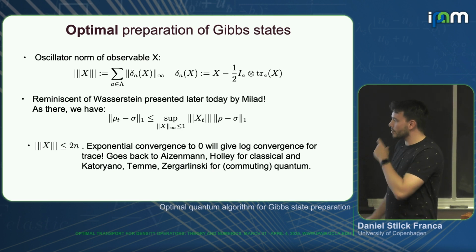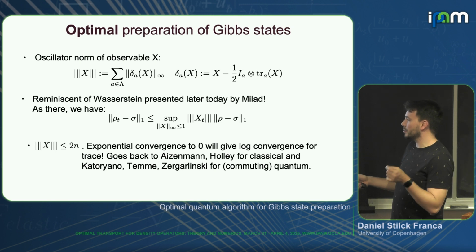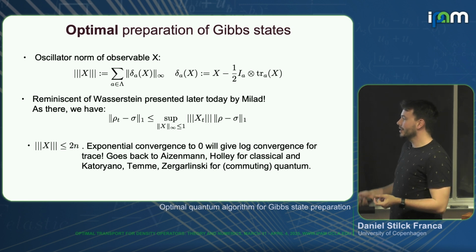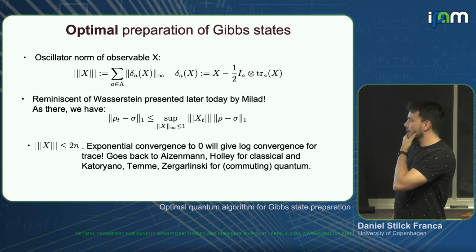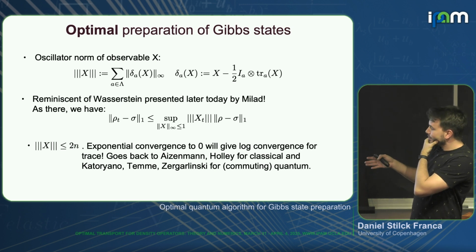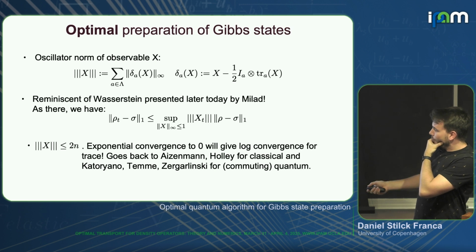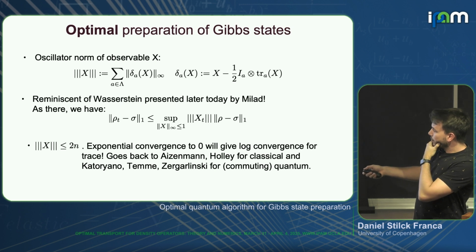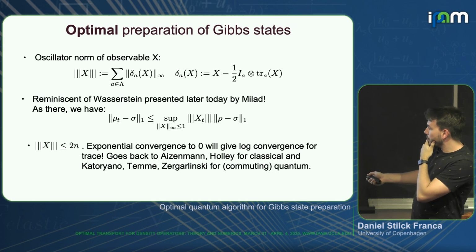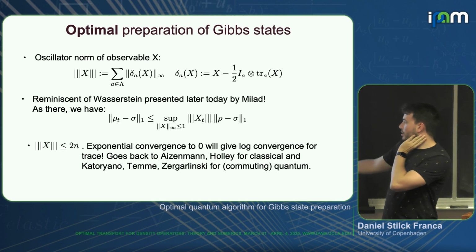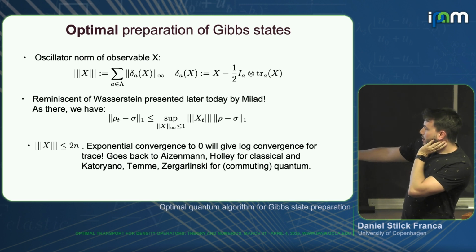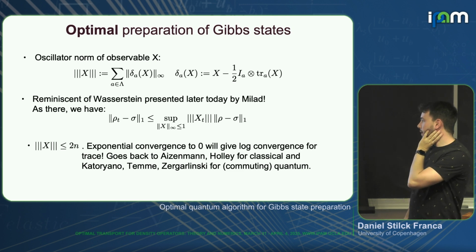Oh, I changed notation, sorry. Before I was calling the number of qubits uppercase N, now I'm using lowercase n. What is nice is that if we show that this oscillator norm converges exponentially fast to 0, then of course we'll get a log n convergence for the trace distance.